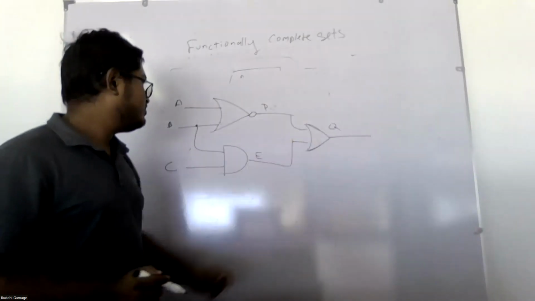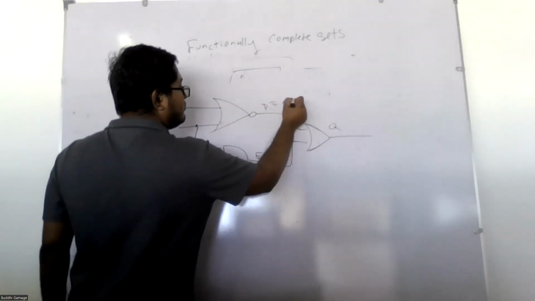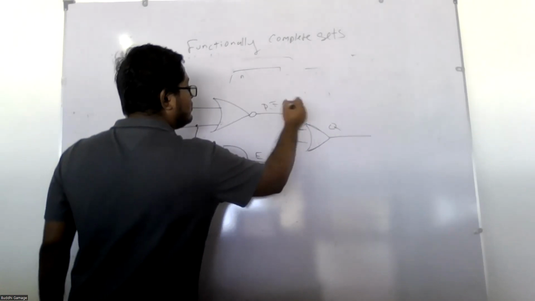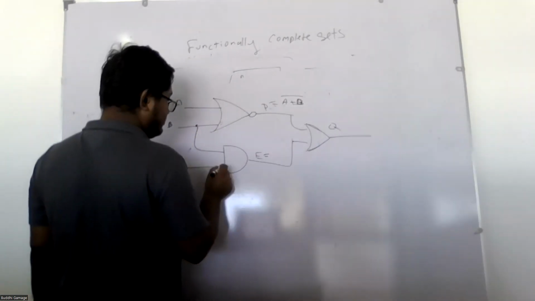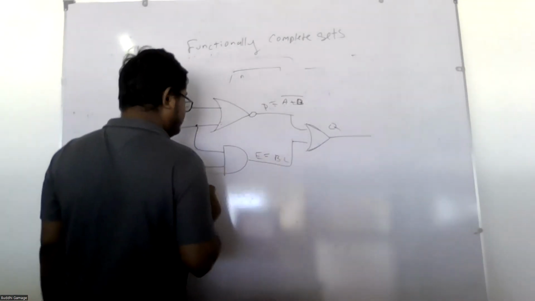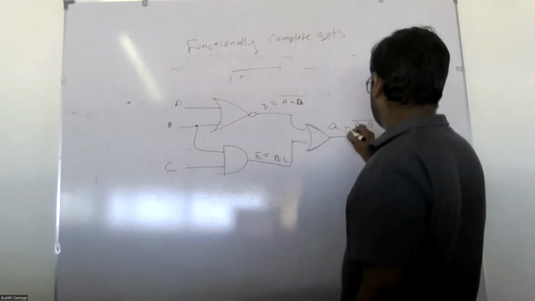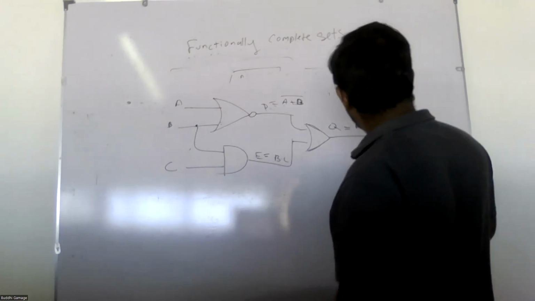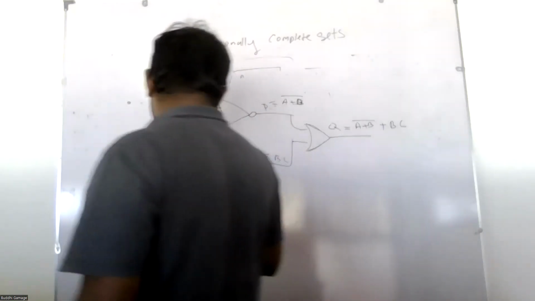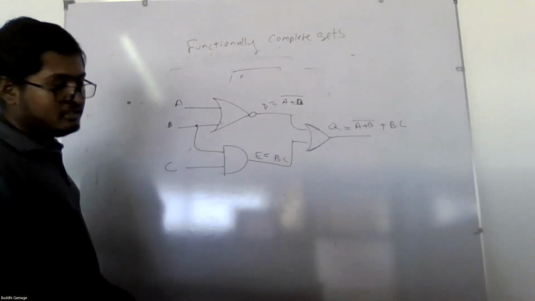So the output is Q. So D will be A plus B. You know, E will be B dot C. And the output is A plus B, not B dot C. So draw this circuit, draw the whole circuit by using only NAND gates.